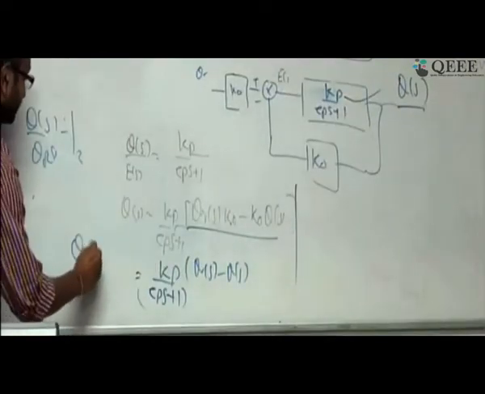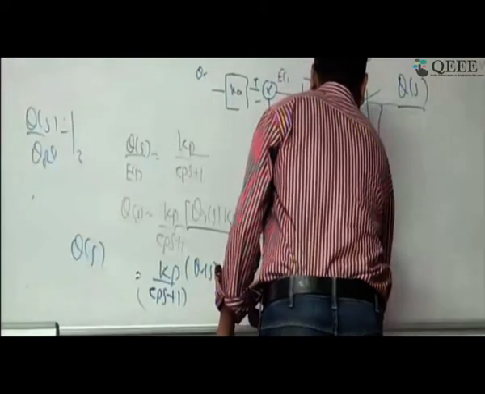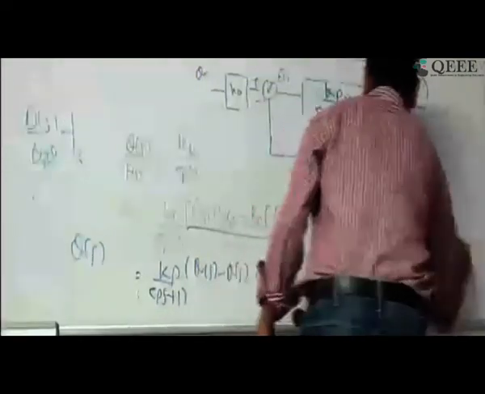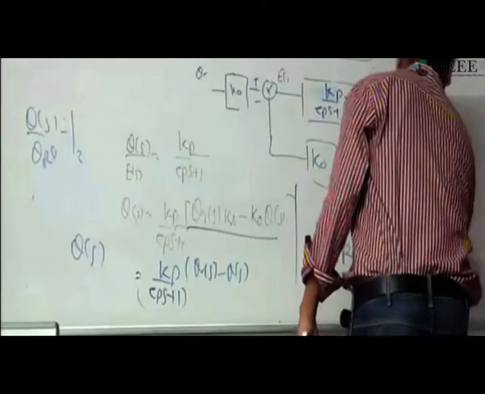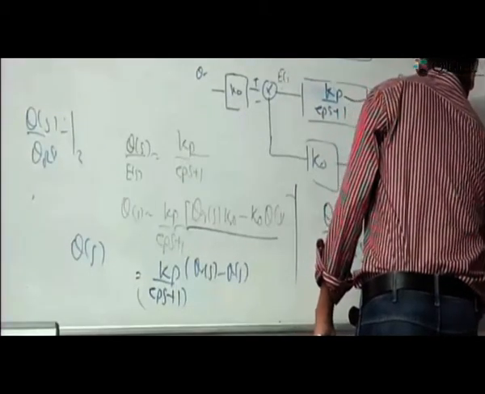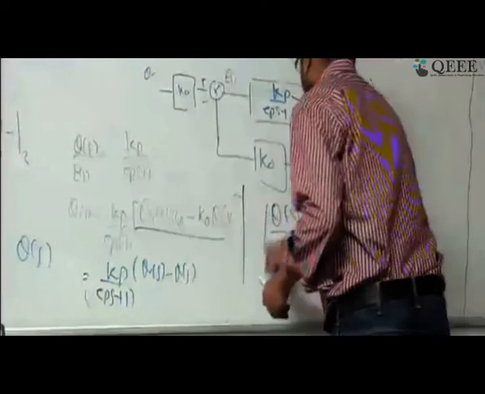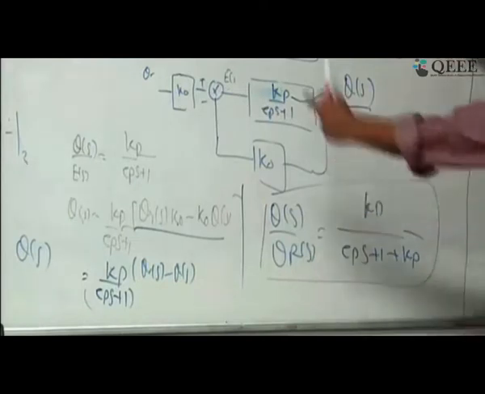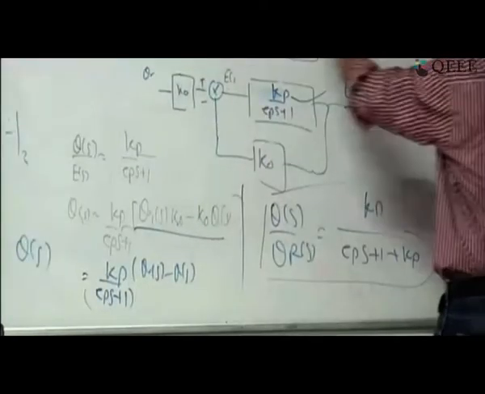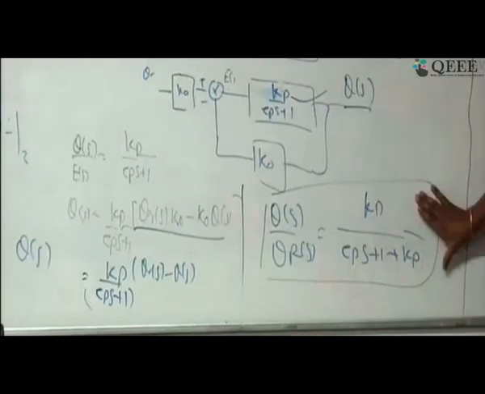If you take this term to this side, theta s by theta r s is going to be Kp divided by tau p s plus 1 plus Kp. This is the term you are going to get. It's a small manipulation and you can get it. I am interested in finding out the entire transfer function of the system, theta by theta r. So theta s by theta r is Kp divided by tau p s plus 1 plus Kp. Is that part clear?